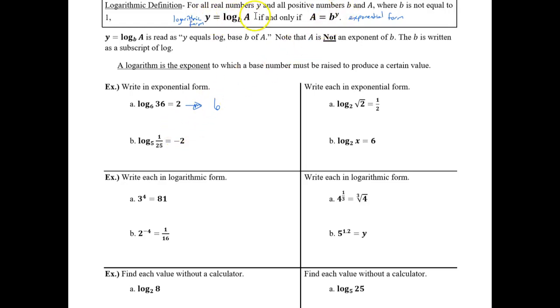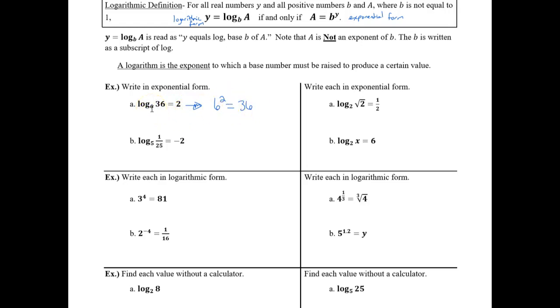This whole log equals an exponent, and that's the exponent in our exponential form. So the exponent is 2. So 6 to the 2 power equals the only number I haven't used yet, our a, which is 36. And this makes sense, right? 6 squared is 36.